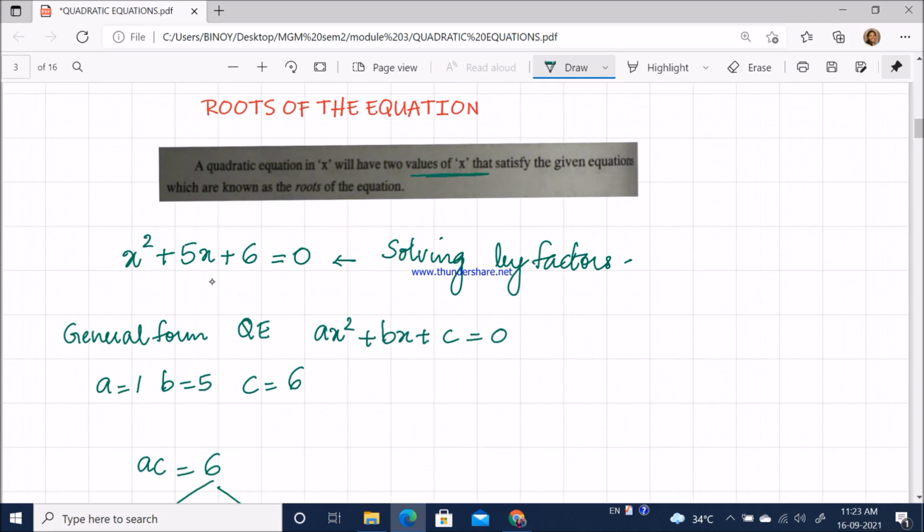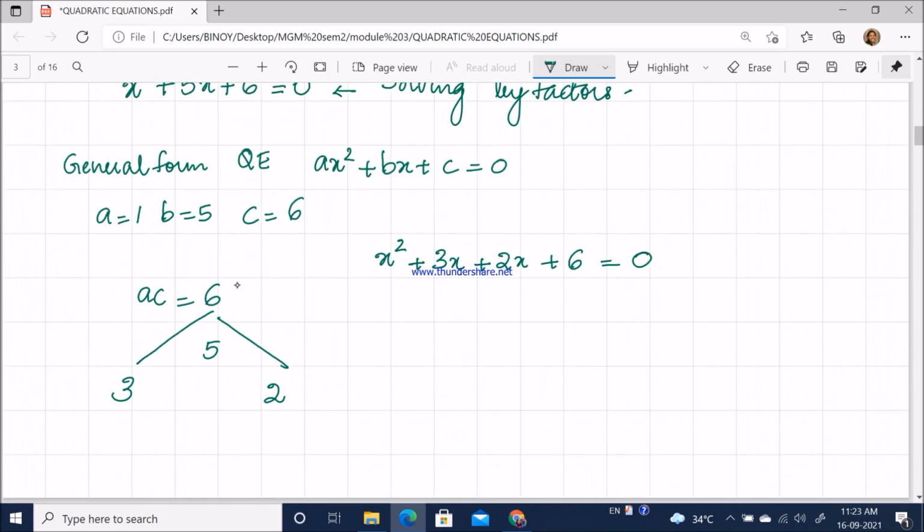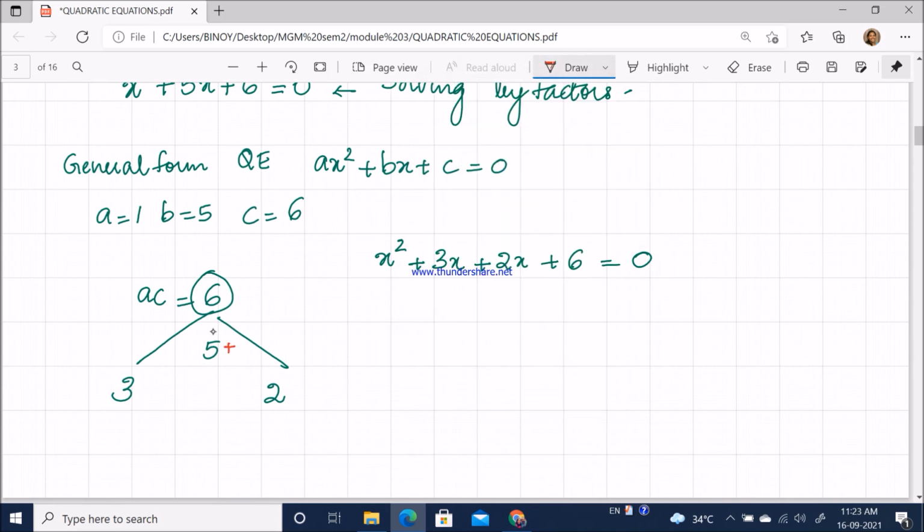So I can rewrite this particular expression as x square plus 3x plus 2x plus 6 equals 0. When you multiply, the product should be 6, and when you add, the sum should be 5. So 3 and 2 will be the answer.